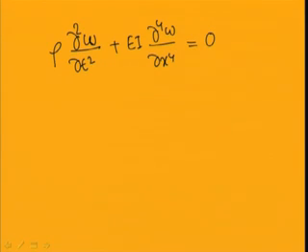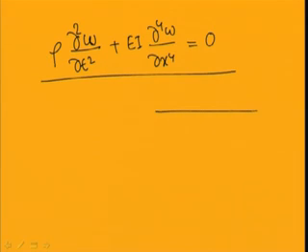This is the governing equation, the Euler-Bernoulli equation. Here rho is the mass per unit length, EI is the flexural rigidity of the system, and w is the deflection. If this is a cantilever beam, the vibration takes place in the transverse direction, and this transverse deflection I have taken as w.